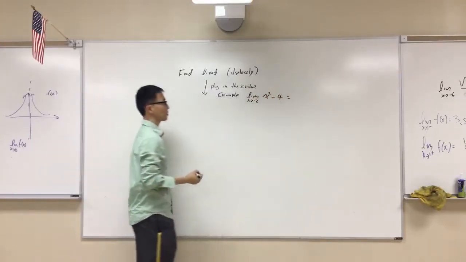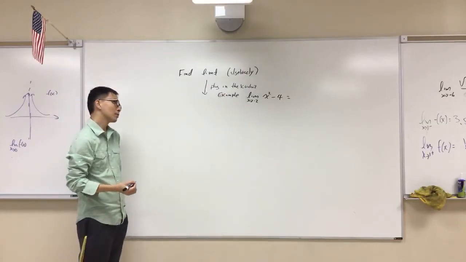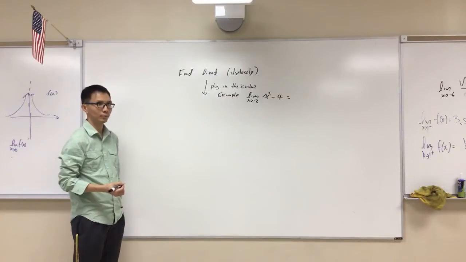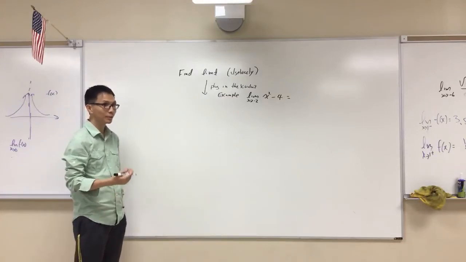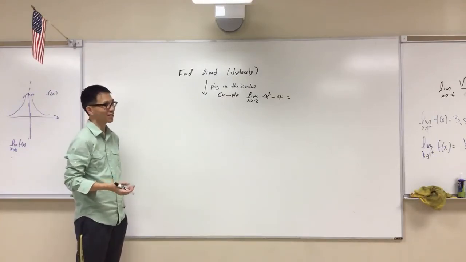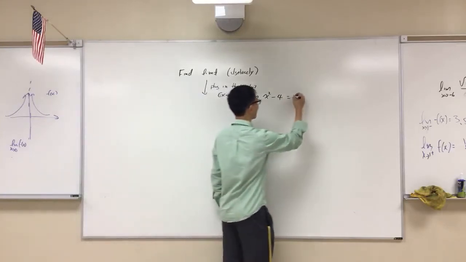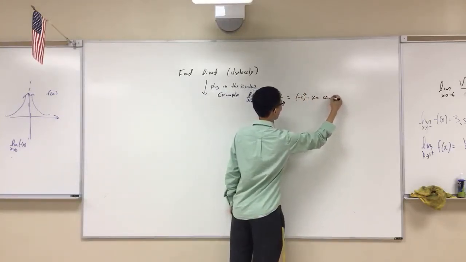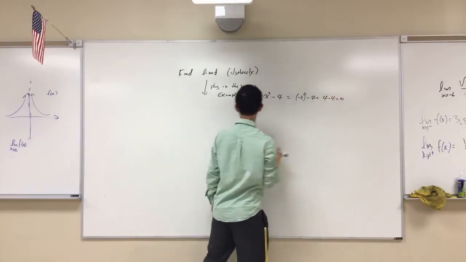What do you think the answer is? It's 0, right? Just plug in: -2 squared minus 4 is equal to 4 minus 4, which is equal to 0. So that's pretty easy.